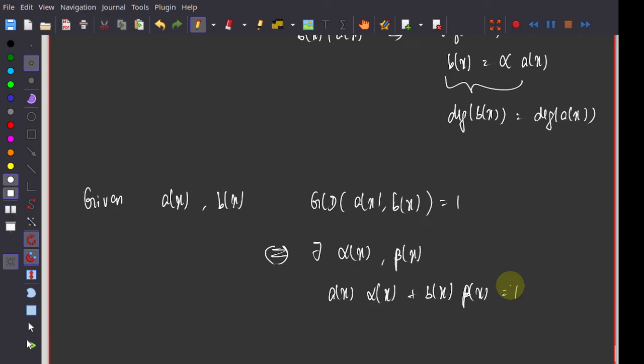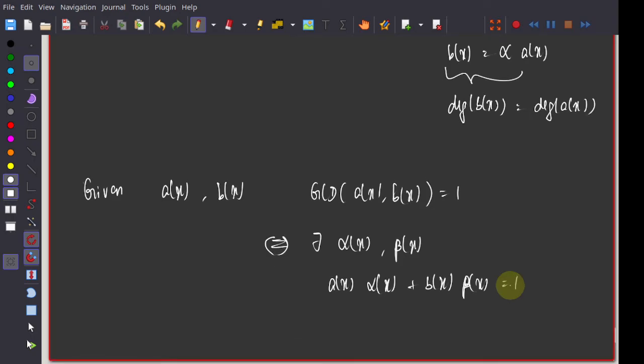Have you seen such a statement before? So the integer version is the following.